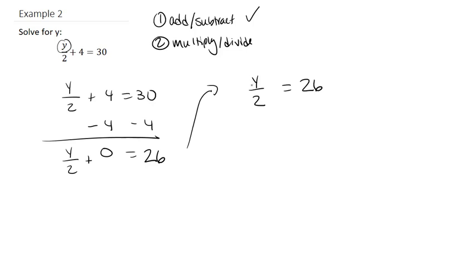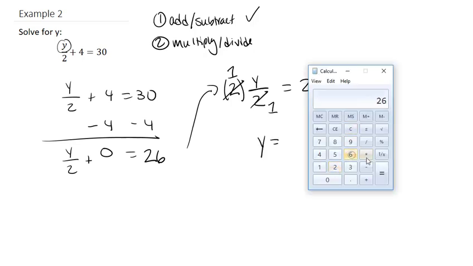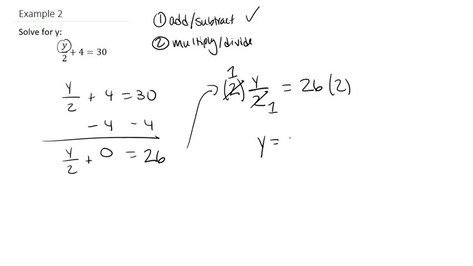And we see that y over 2 is a division bar. So to get rid of this 2, we're going to do the opposite, which would be to multiply, because whatever we put over itself is just equal to 1. So this just becomes 1. Now we have y on the left-hand side by itself. And then we can go 26 times 2, which is equal to 52.